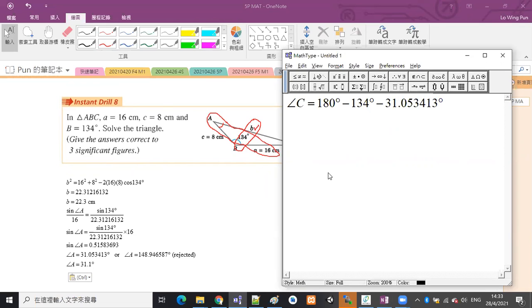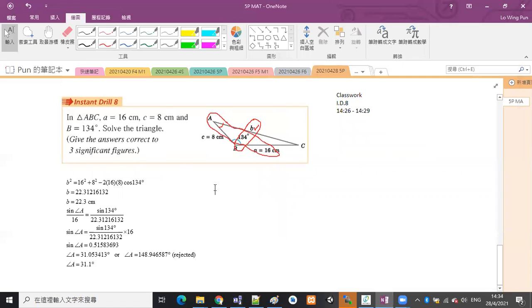It should be 14.9 something, 14.946587 degrees. When it is the answer, we should correct to 3SF, should be 14.9 degrees. So that is the answer for angle C. And that's all for this instant drill number 8. Is there any problems?